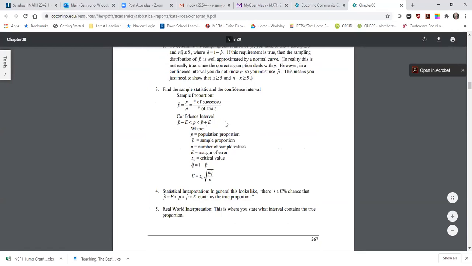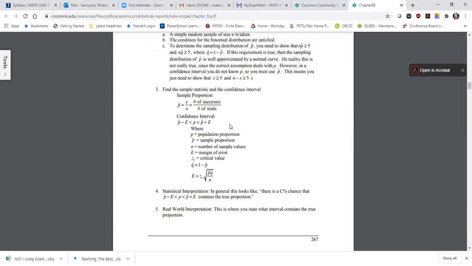The confidence interval is, on the left, you subtract the margin of error. On the right side you add the margin of error. From the equation, p is the population proportion, p hat is the sample proportion, and n is the number of sample values.